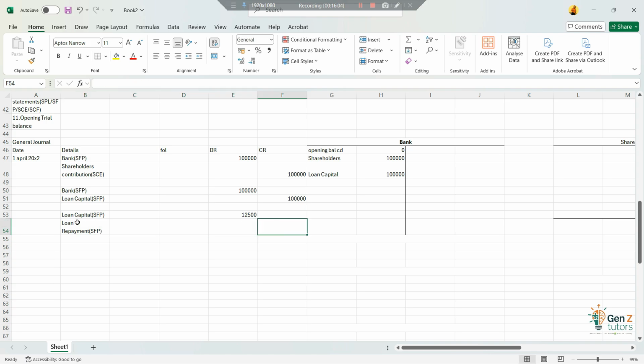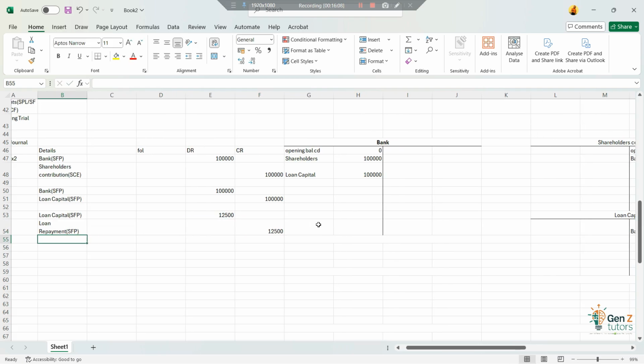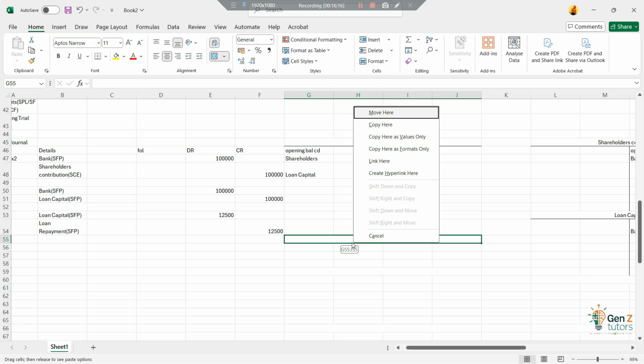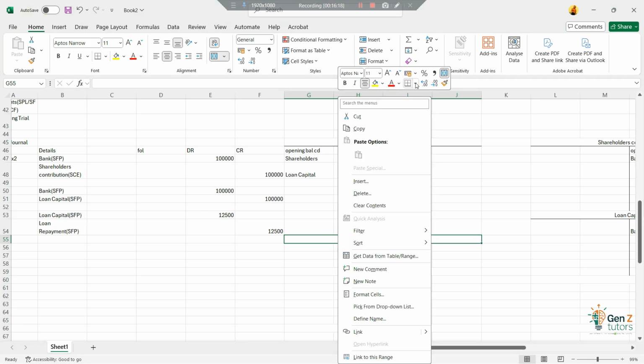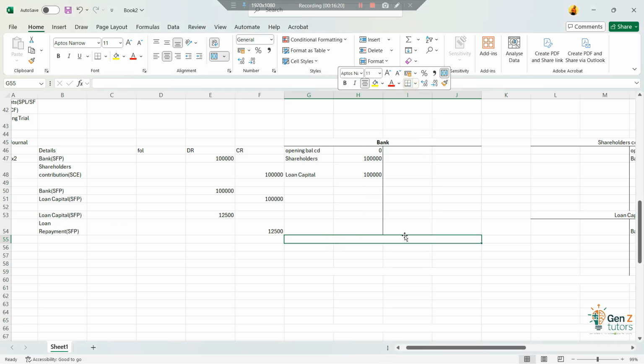Then you go and say credit that loan repayment, and immediately you can also, at the very same time, create a ledger for loan repayment, right? And then you say here you can have loan repayment. This is a non-current liability.